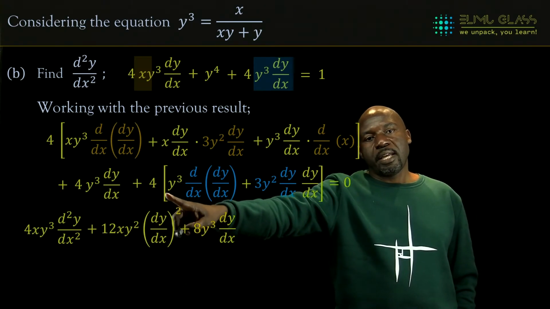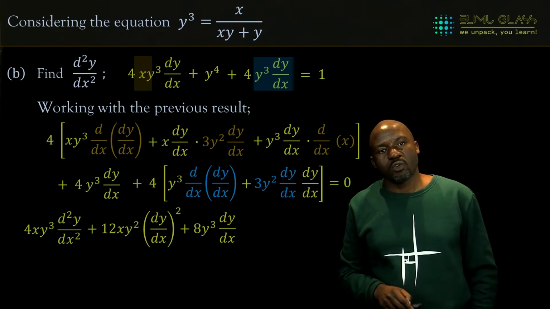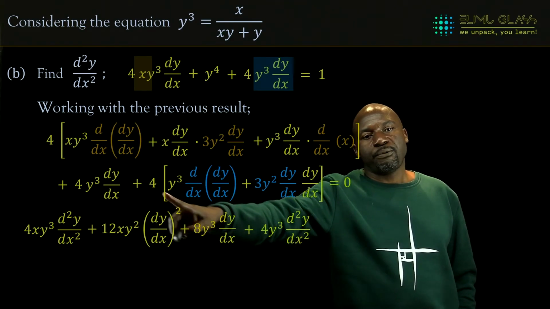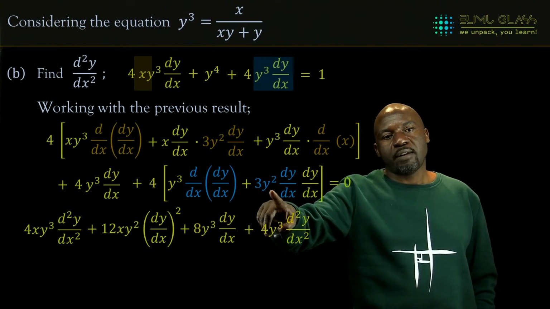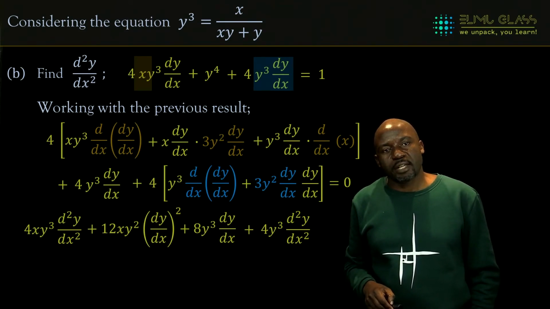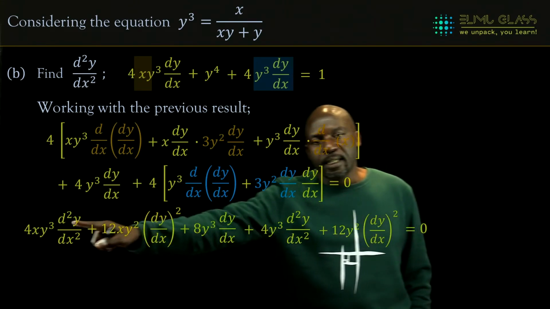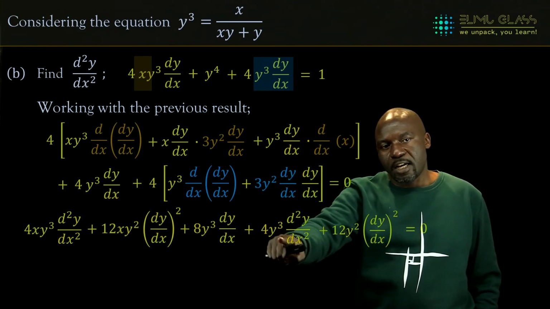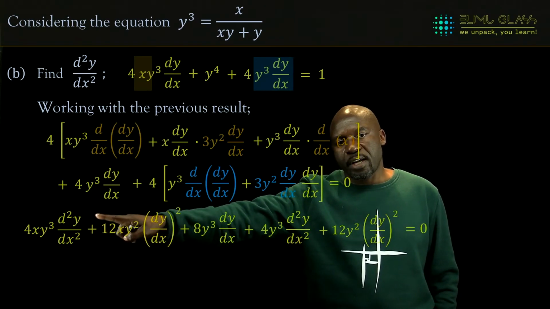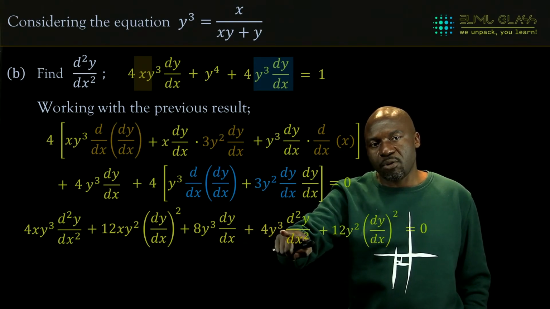Now we are here, simplify this. We have 4y cubed d squared y by dx squared, right? And lastly, 4 multiplied by that is 12y squared dy by dx into bracket squared. Okay, like that. So if we combine this term and that term there, then we have 4xy cubed and 4y cubed. So 4y cubed is common.